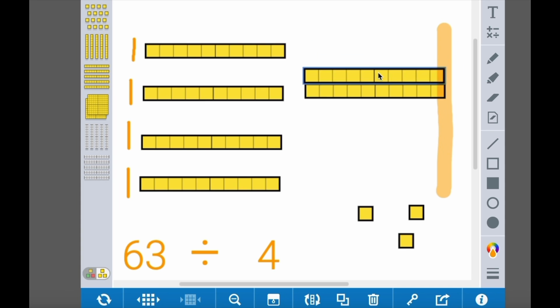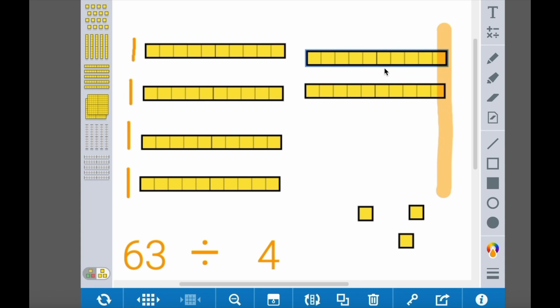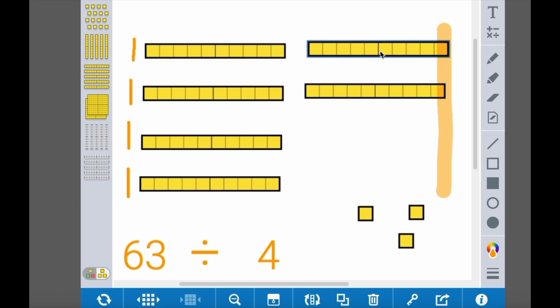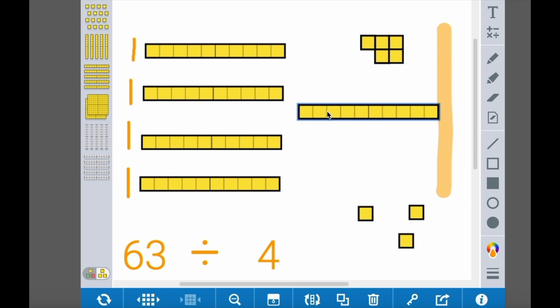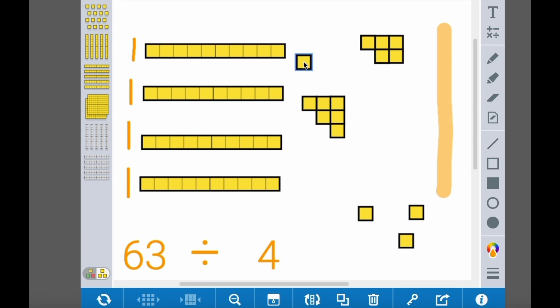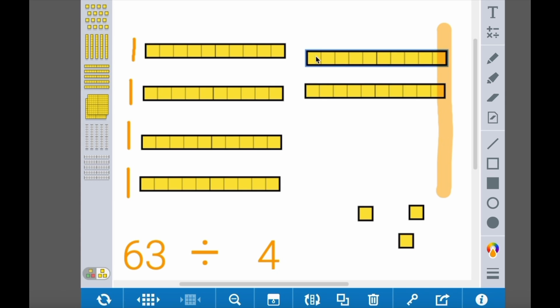I'm going to need to exchange these, and what we know about base 10 blocks is that there's 10 ones in a ten, so I'm going to take this one away and trade it in for 1, 2, 3, 4, 5, 6, 7, 8, 9, 10. And same with this one. 1, 2, 3, 4, 5, 6, 7, 8, 9, 10. Now I still have the same amount, I just can distribute them equally now.